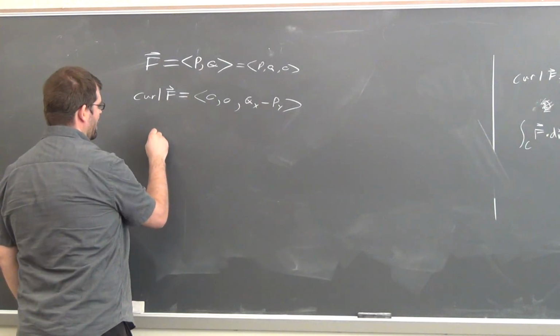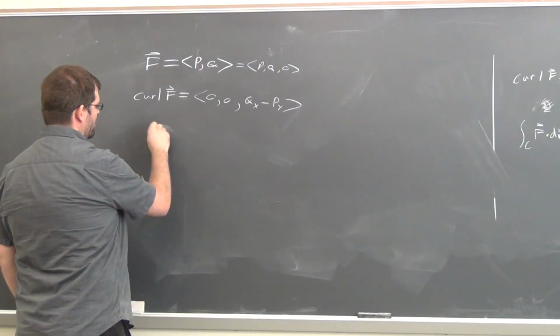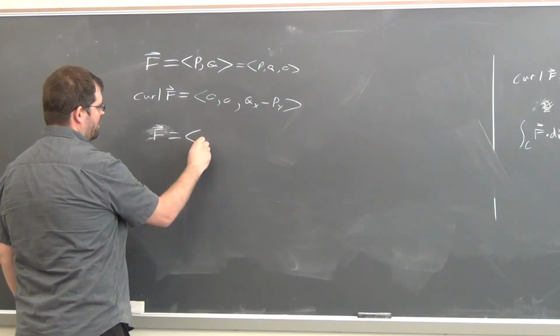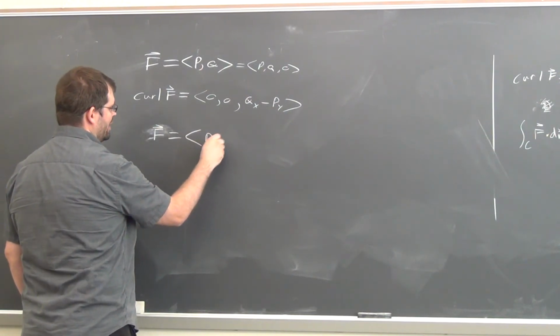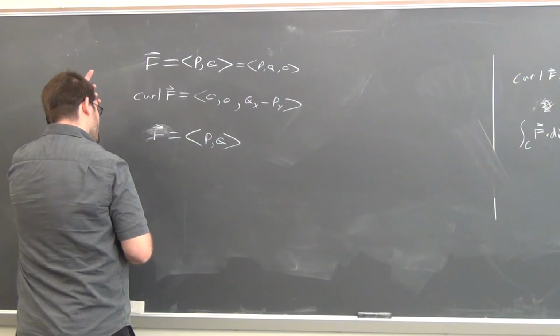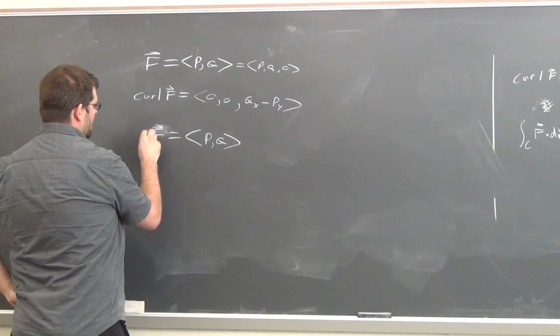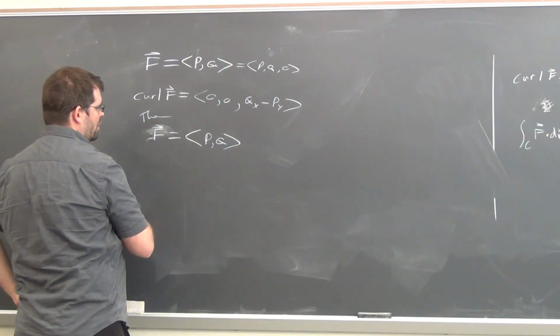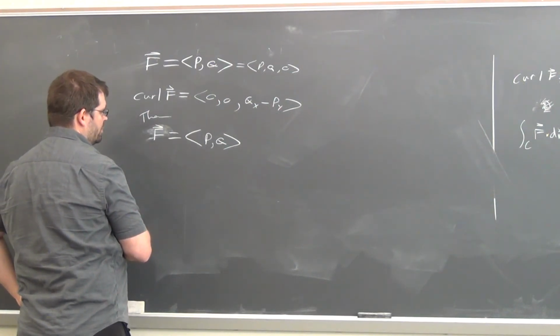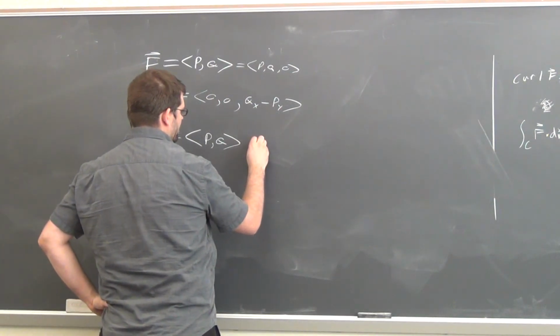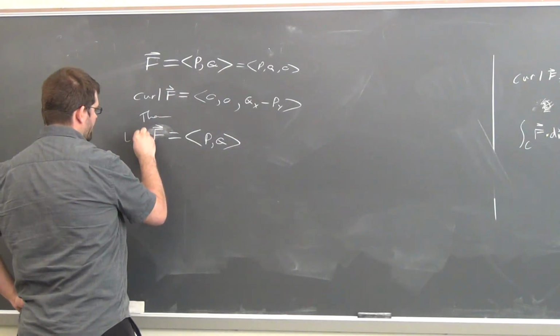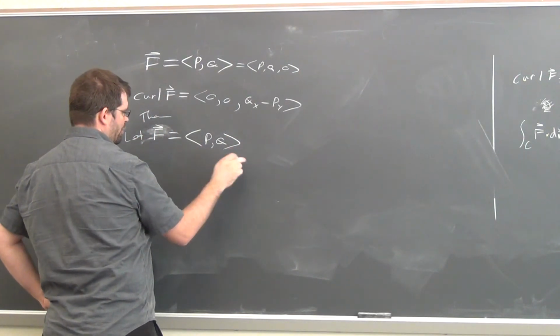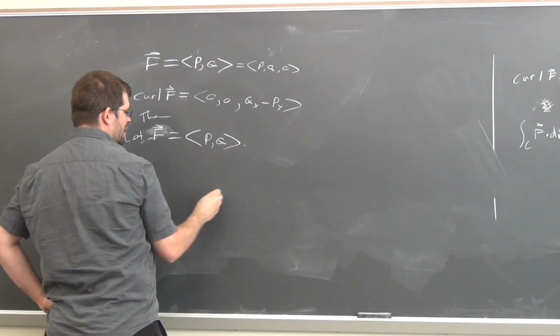So maybe I'll write it this way. If f is, and you really saw this theorem back in Calc 2 when you first introduced this. I'll call it a theorem. So let this be true. And we'll state the full version next time, but let's just state it this way for now.